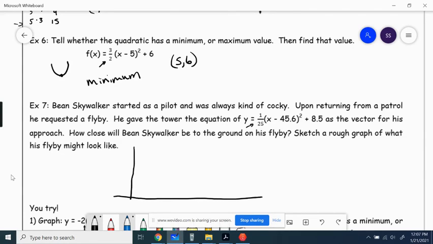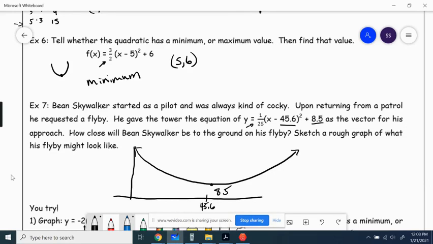So this is going to look something like this. It's going to be a fairly wide looking parabola. And so if we look at the vertex, the vertex being h, k, we're going to be at +45.6, and we're going to be off the ground 8.5.